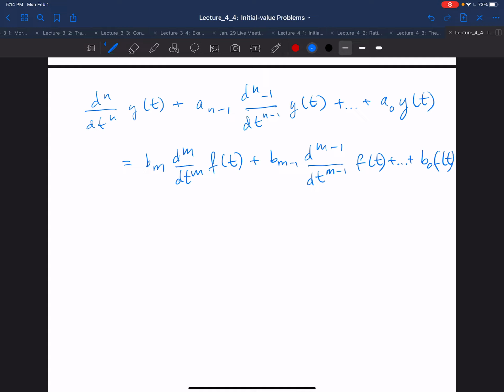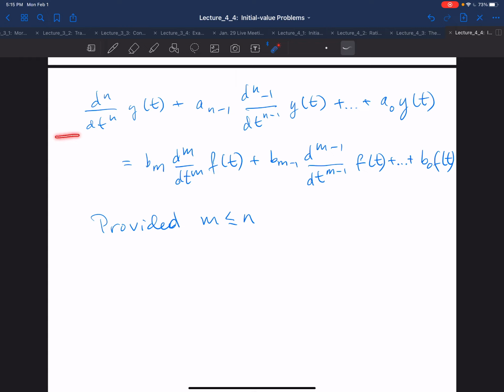Now, by recalling this equation, I just wanted to say that, provided that m is less than or equal to n, as it has been in the way we've been writing the equations, and this leading coefficient in front of the nth order derivative is unity, then these same techniques apply when y and f are vector valued and the coefficients are matrices.